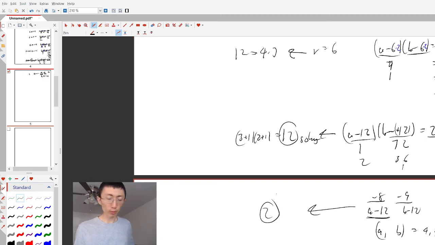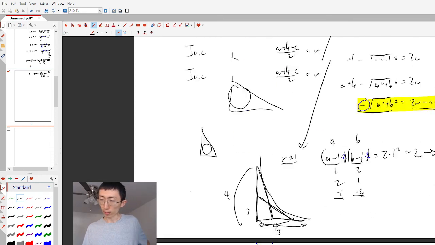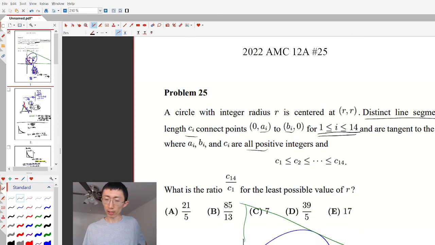So 12 plus 2, that's 14. That's exactly the number of solutions the problem statement said we needed to find: the least value of r for which there are 14 distinct line segments that are tangent to that circle in quadrant 1. So we found r is 6 works, and no smaller value of r works, so r is 6.